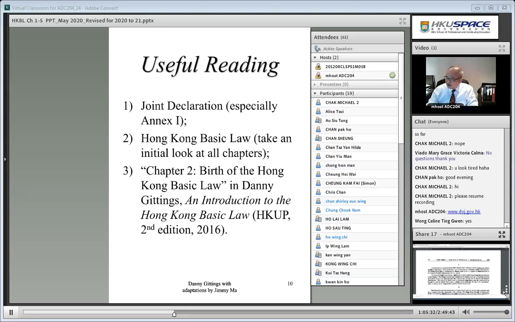It is a political body called the Joint Liaison Group. Then the third annex deals with land matters. So Annex 2 is the Sino-British Joint Liaison Group, and Annex 3 is on land leases. Okay, we are going to come back to this later on.